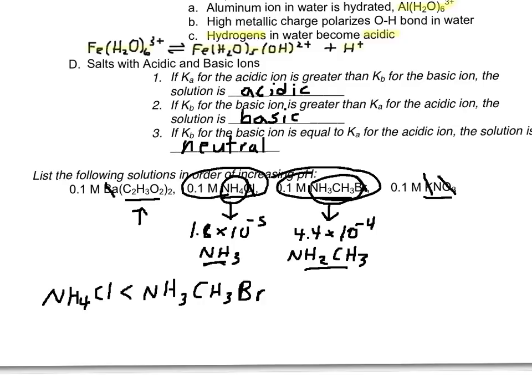So that means a solution made of ammonium chloride is going to have the lowest pH. And then KNO3 is going to be a neutral solution. And then the barium acetate is going to have our highest pH.